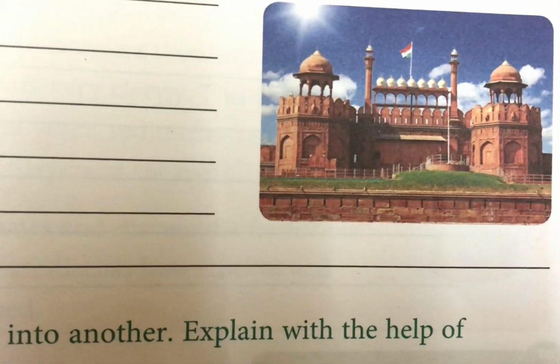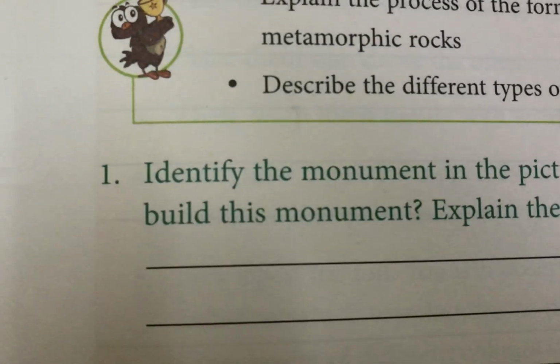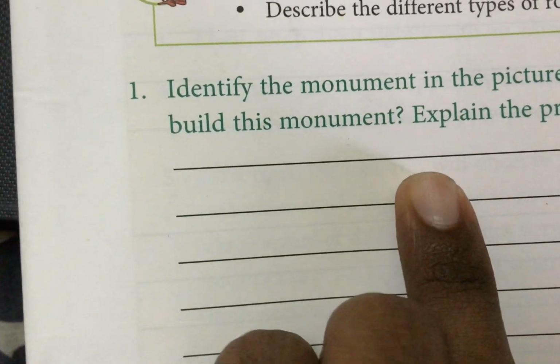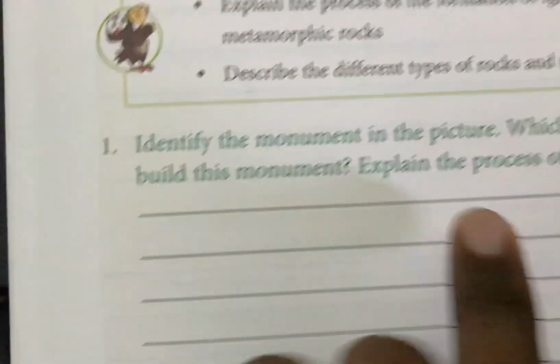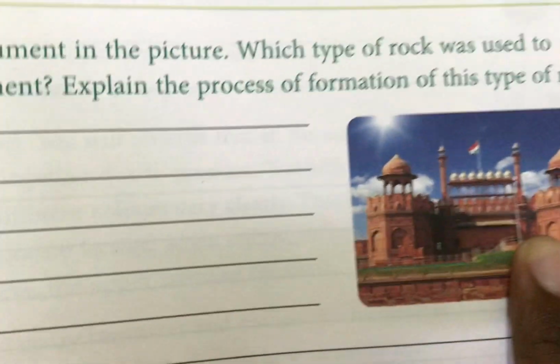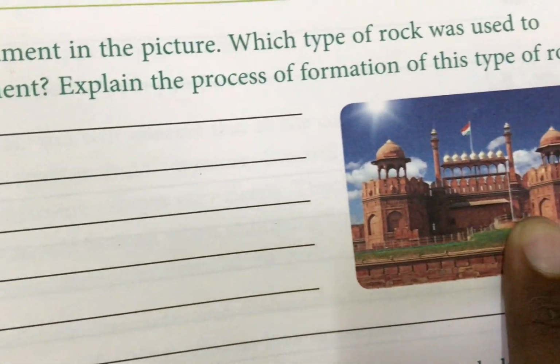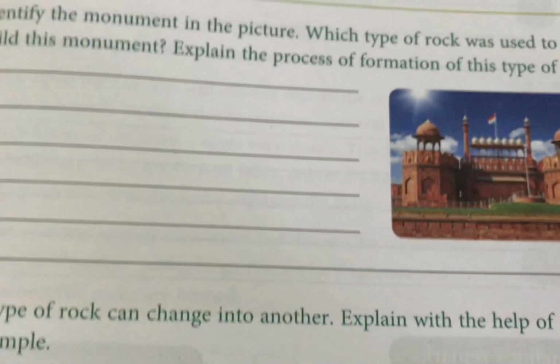Okay, so as you can see in the picture, it is a building that has been constructed with red sandstone, and sandstone is composed of what we have already seen in the explanation.